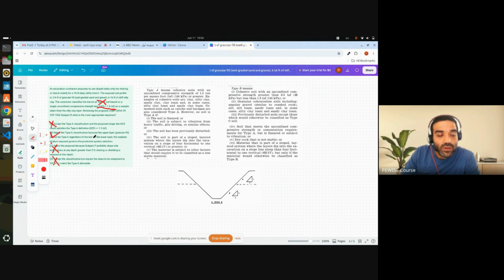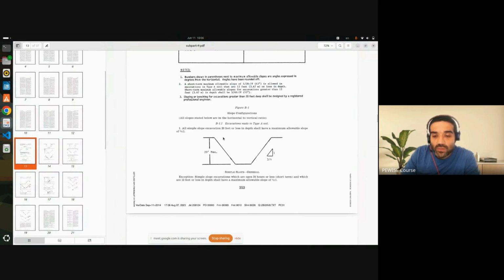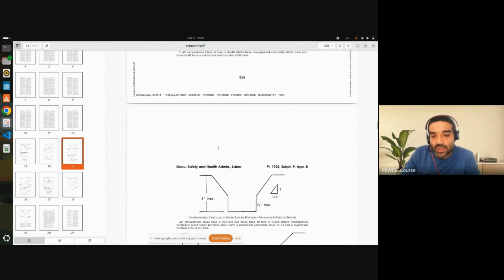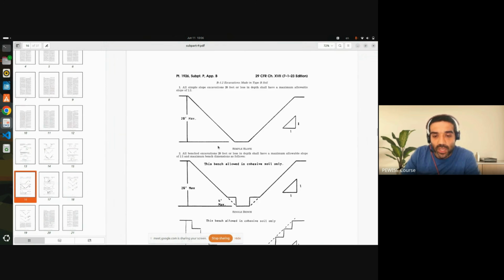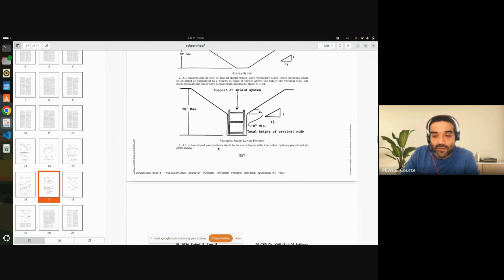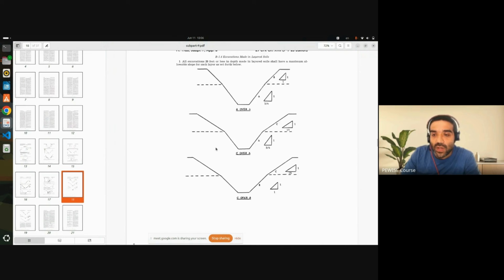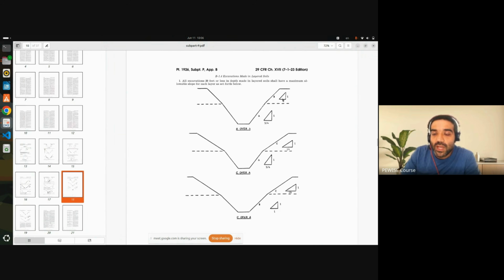And also we have type B on top and type A on the bottom. So you don't need it for this question, but I'm just giving you some idea on how to deal with a layered soil. If the top layer is softer or weaker than the bottom layer, we are allowed to use the slope for each soil type.